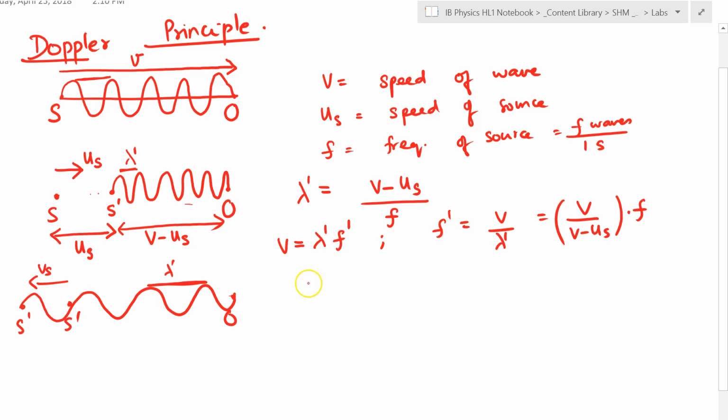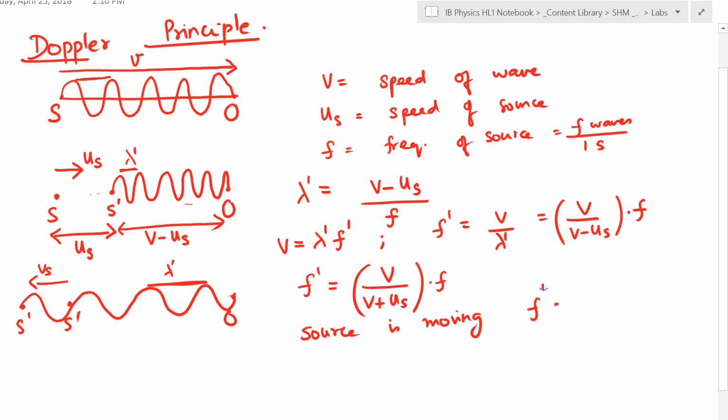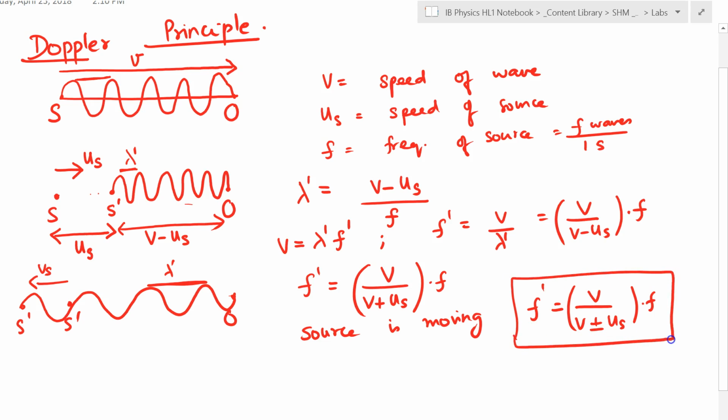So therefore the frequency will decrease, which can be written as F prime is equal to V over (V plus US) times F. So in general, whenever the source is moving, we can write an expression for the new frequency or the apparent frequency as V over (V plus or minus US) times F, and we'll choose the appropriate sign depending upon whether the source is moving towards the observer or away from the observer.